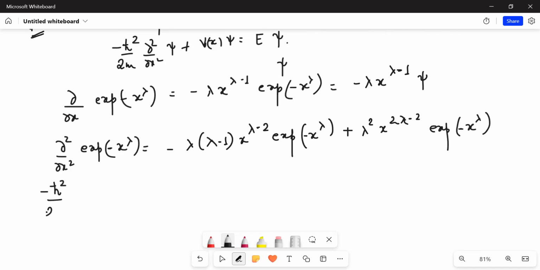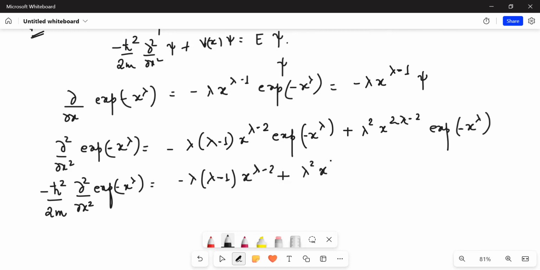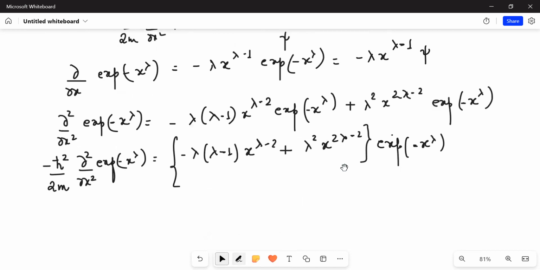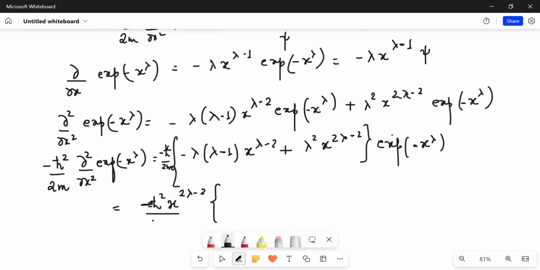So minus ħ² upon 2m ∂²/∂x² exponential of minus x raised to power λ is simply equal to minus λ(λ minus 1) x raised to power λ minus 2 plus λ² x raised to power 2λ minus 2, and if I take common out, x raised to power 2λ minus 2 common out, here you will get minus ħ² upon 2m.